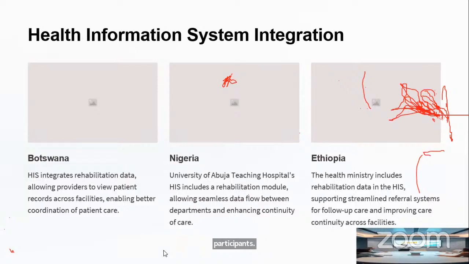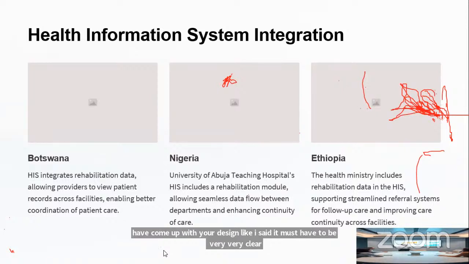There are various ways to do this. You have the physical way. If you have your patients and want to look at the issue of waiting time, you have come up with your design, and it must be very clear, and the information not ambiguous.